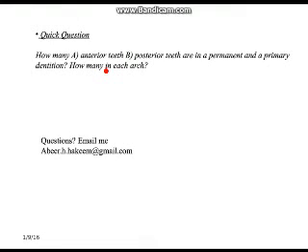The question states, how many anterior teeth and posterior teeth are in a permanent dentition and in a primary dentition? Just divide it. I already gave you how many teeth in each dentition in general. I just want to know how many anterior teeth and posterior teeth. And how many in each arch. I just want to know if you guys understand the difference between dentition and arch. Okay?